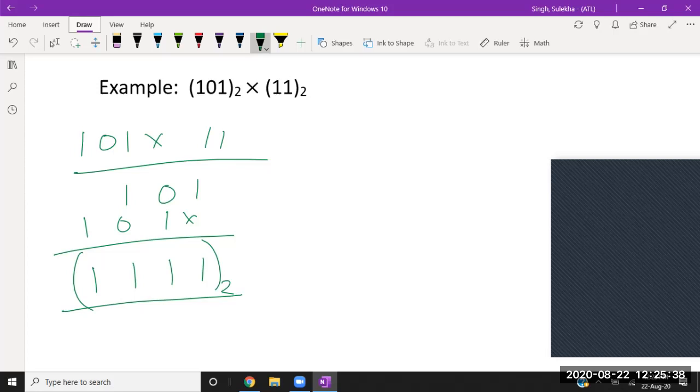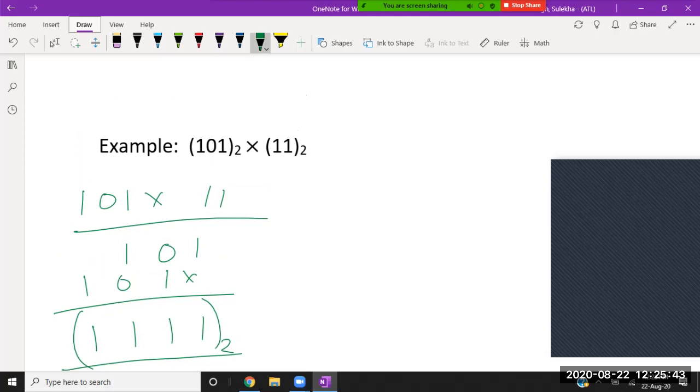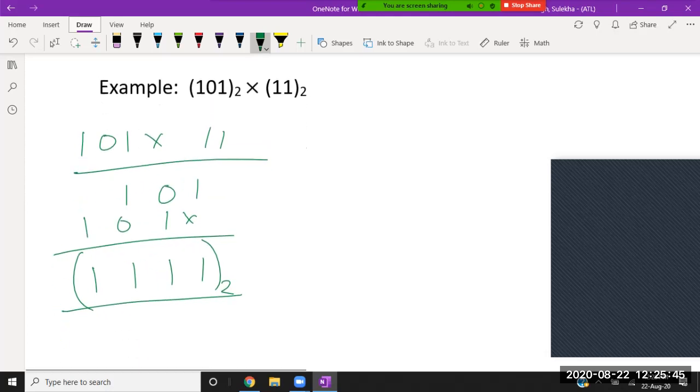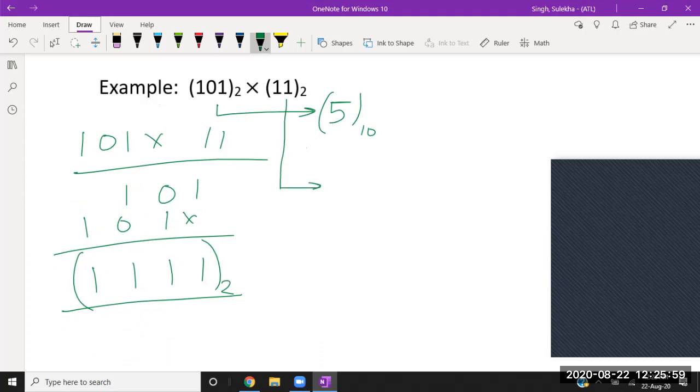Most of you, I can see in the chat box, have the correct answer. If you want to verify, you can verify by conversion to the decimal number system. If you convert this to decimal, this is 5, and this number is 3 in decimal. If you multiply 5 into 3 in decimal, which you do in day-to-day life, that is 15.